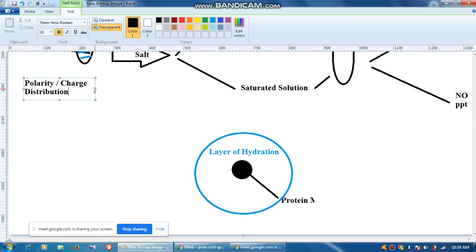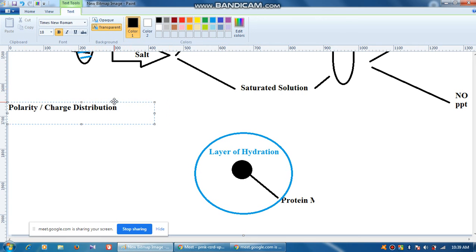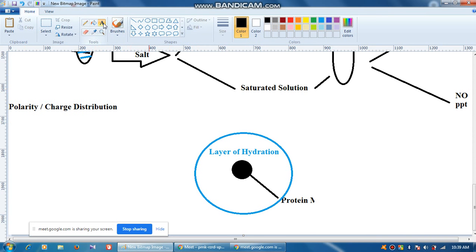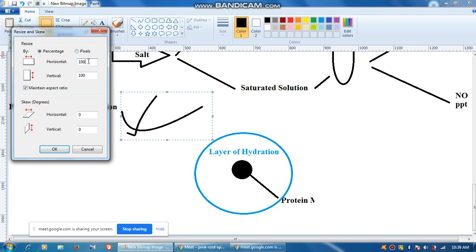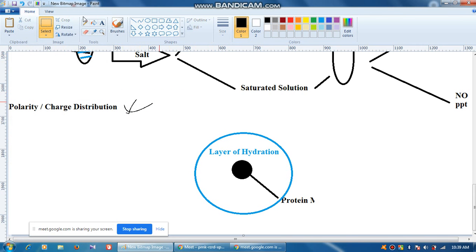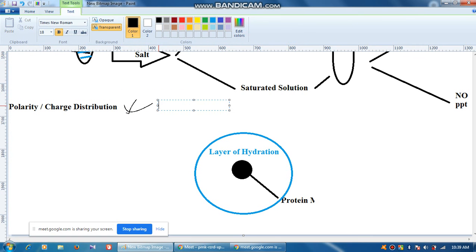Polarity or charge distribution is directly proportional to solubility in water.